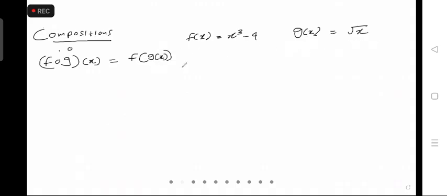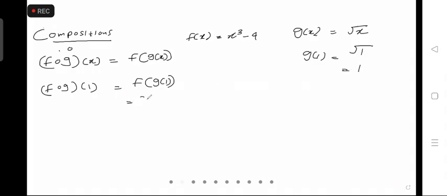So for example, you need to calculate f dot g of 1. First you apply the point 1 onto g, then root 1 is equal to 1.